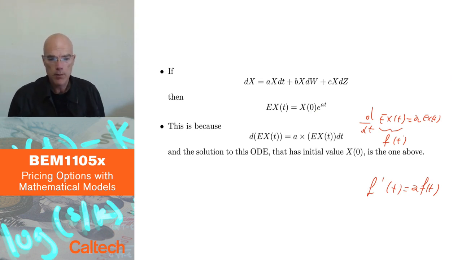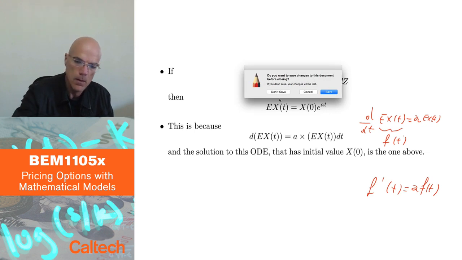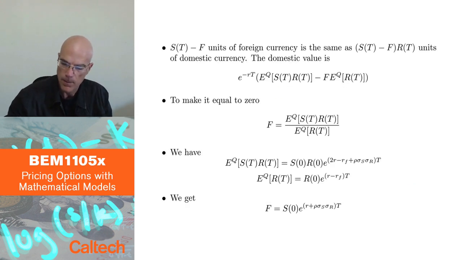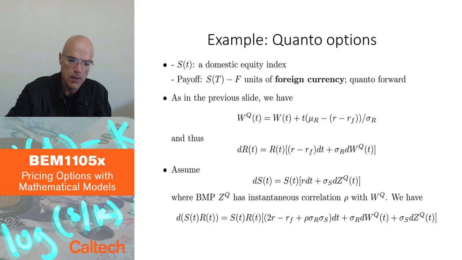we have a general formula for computing the expected value of processes like that, and that's exactly what I need, because my dr is a process like that. It's r times a constant dt, and my ds is a process like that. It's s times a constant dt. So I know how to compute expectations.